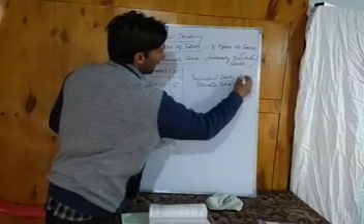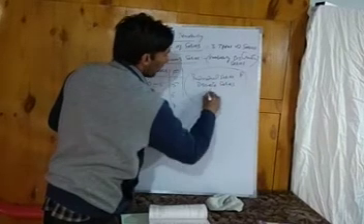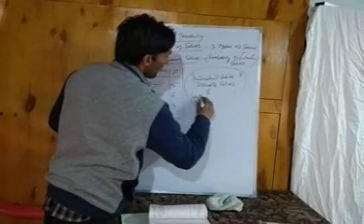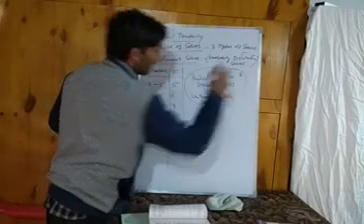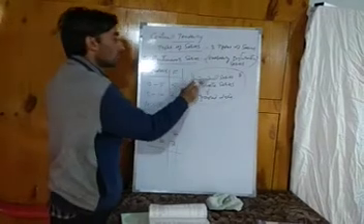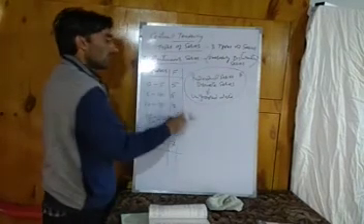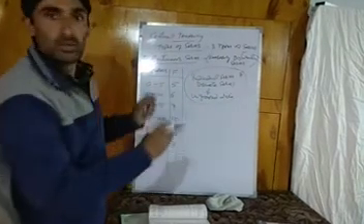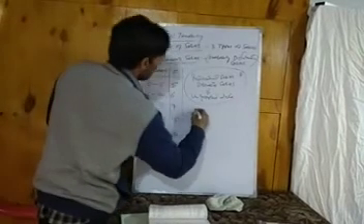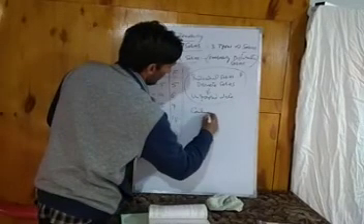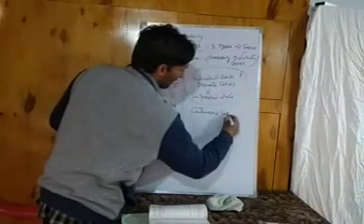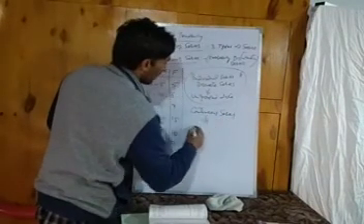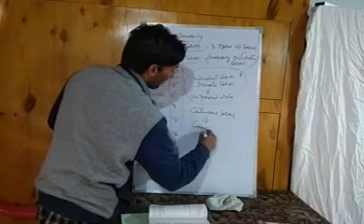We call it ungrouped data. So in these two series, the data are not shown in groups, but in continuous series, values are in groups. That is why we call it grouped data.